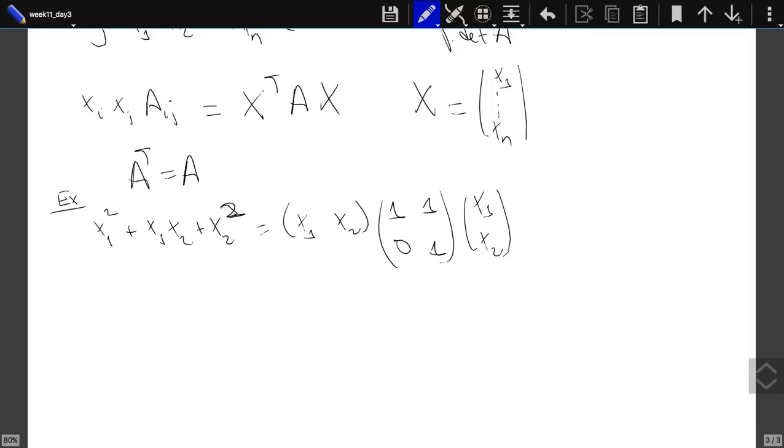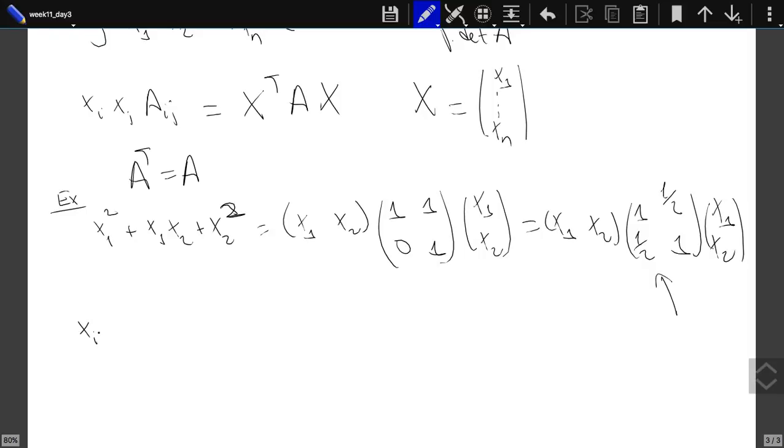This is one way of writing it. Or I can also write it as (x1, x2) times the matrix 1, 1 over 2, 1 over 2, 1 times (x1, x2). These two are the same if we just multiply them out. But still I can choose it to be symmetrical. That will always be possible.